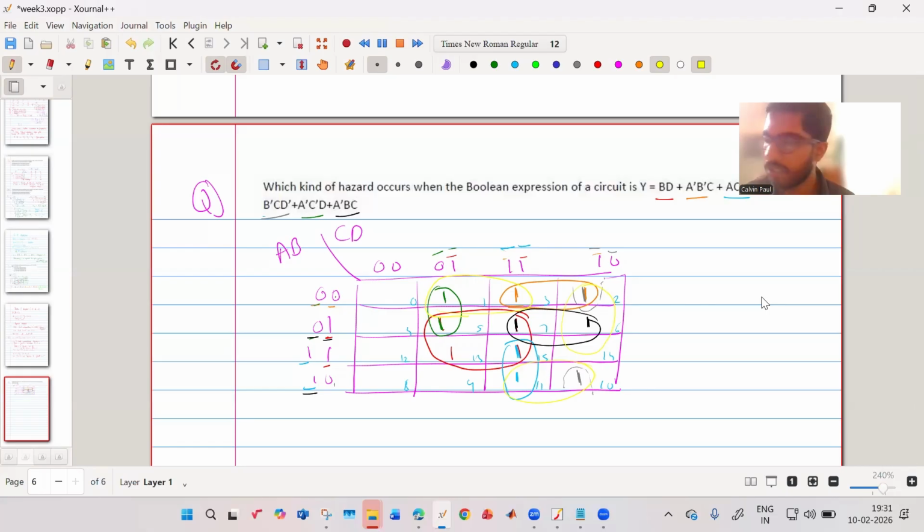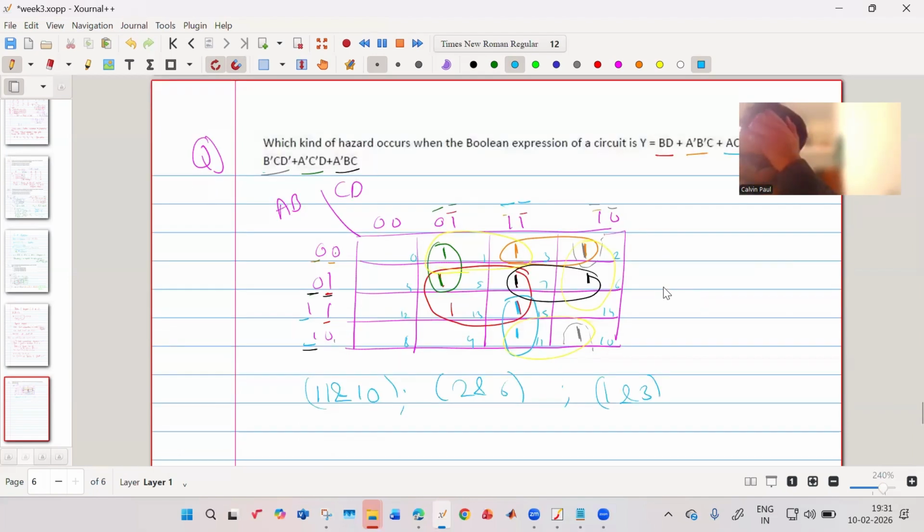And also 2 and 6. Yes, that's what I'm saying. So you need to have the 11 and 10, right? Then you need to have the 2 and 6, and you need to also have the 1 and 3.